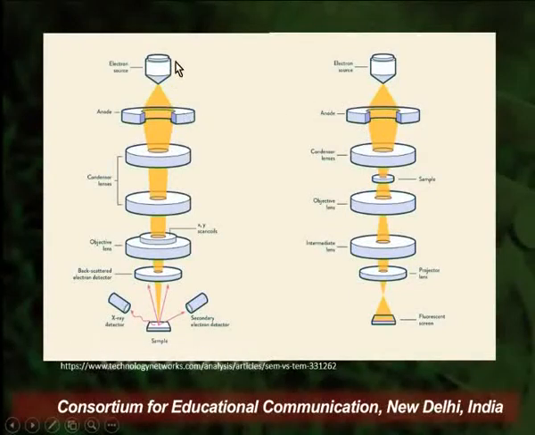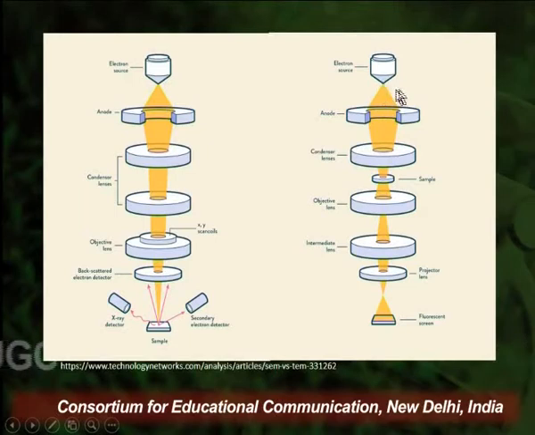So here there is a comparative diagram of two different types of electron microscope. On the left is the scanning electron microscope, whereas on the right hand side you could observe a transmission electron microscope. In the case of the transmission electron microscope, you could see that the sample or the specimen has been placed midway in the path of the electron beams.